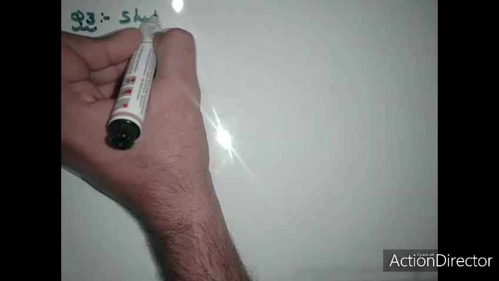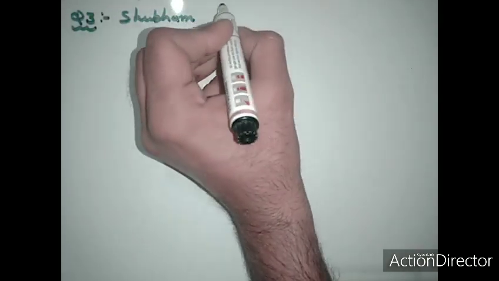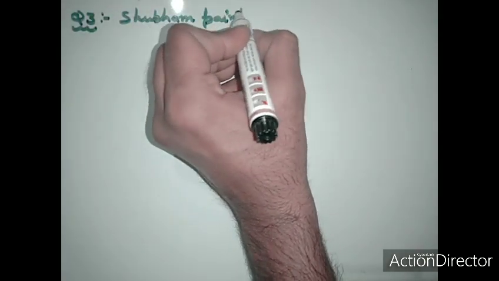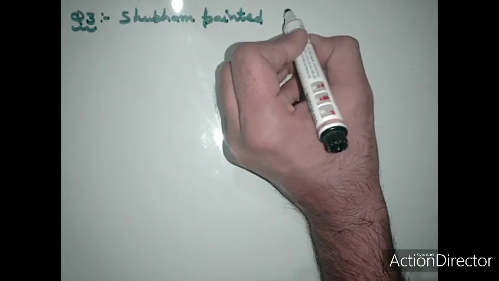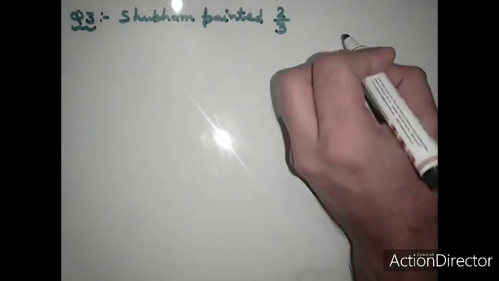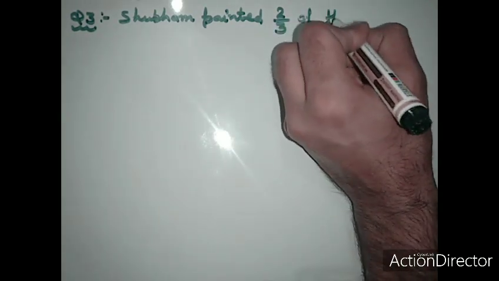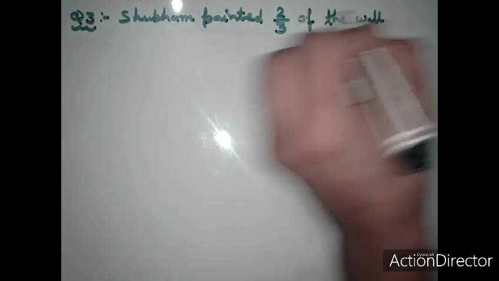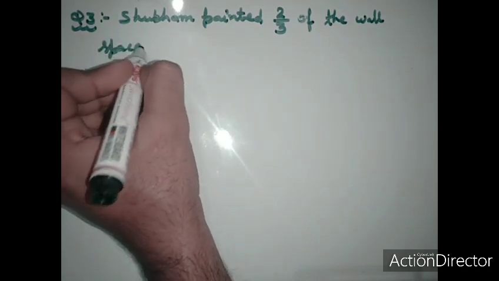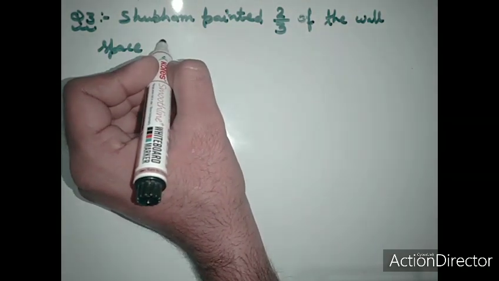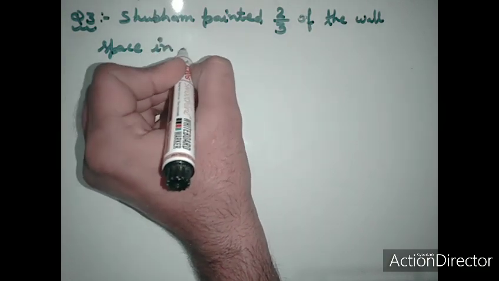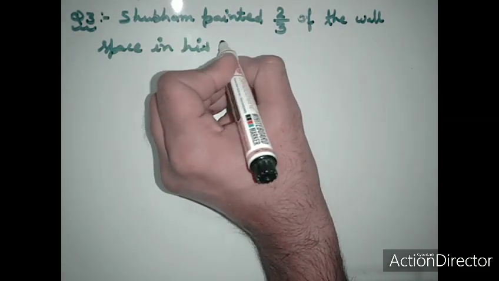Now here we solve question number 3. Shubham painted 2 upon 3 of the wall space in his room.